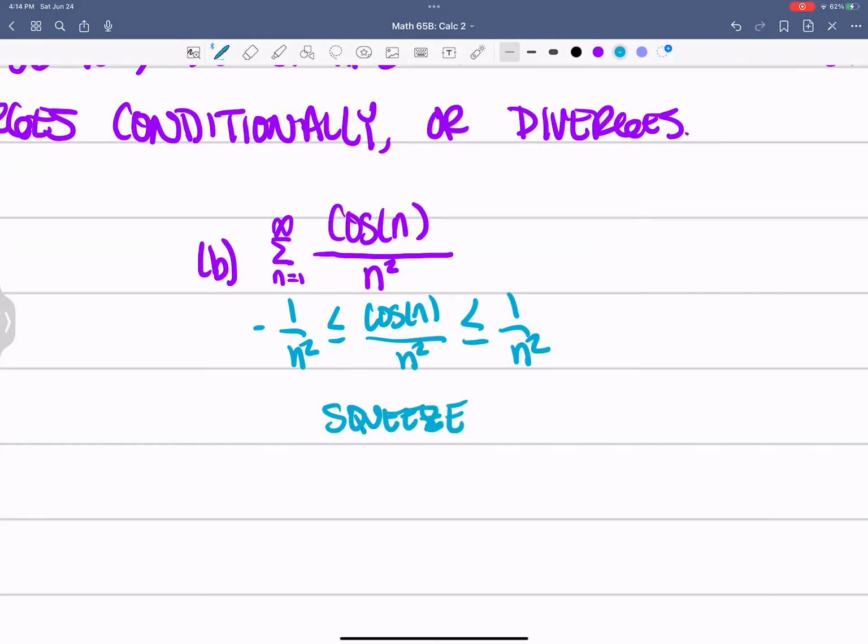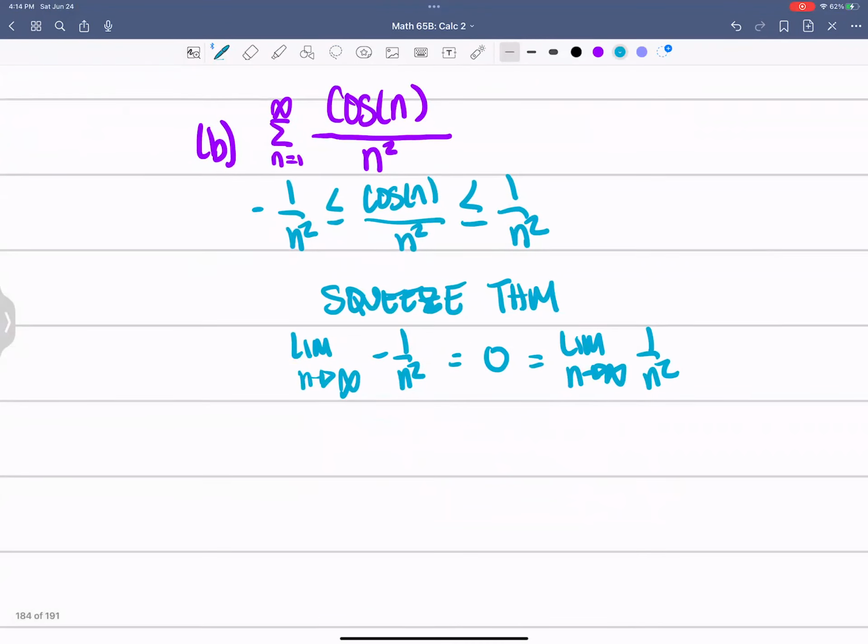The limit as n approaches infinity of negative 1 over n squared is equal to 0, which is also equal to the limit of 1 over n squared, the positive one. Since those two are equal to 0, the limit of cosine n over n squared is also equal to 0.